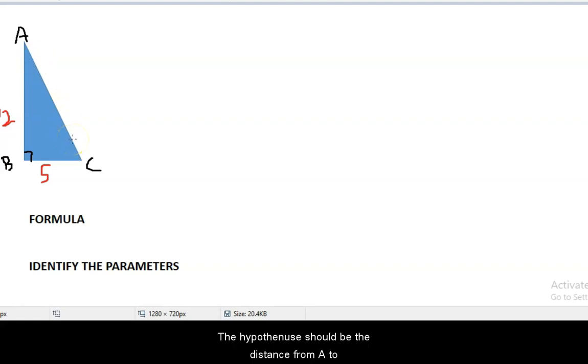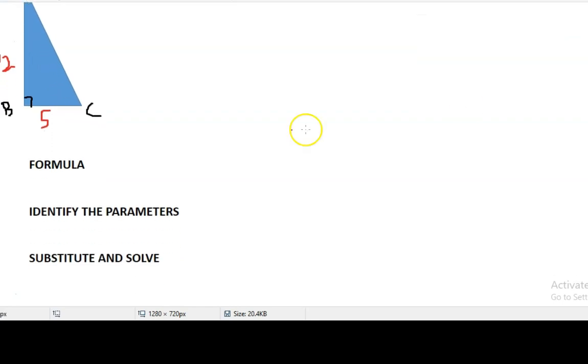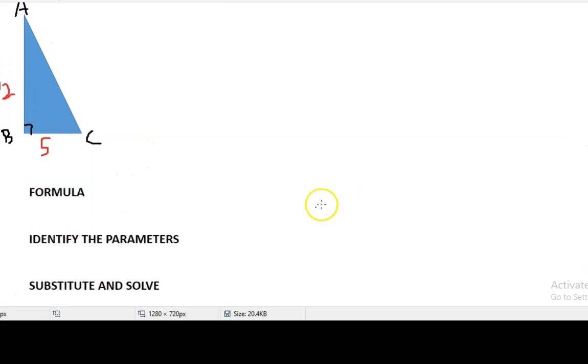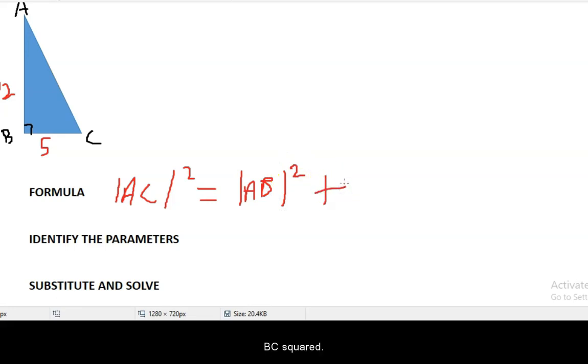So the hypotenuse should be the distance from A to C. Now if that is so, then we can say that AC square is the same thing as AB square plus BC square.